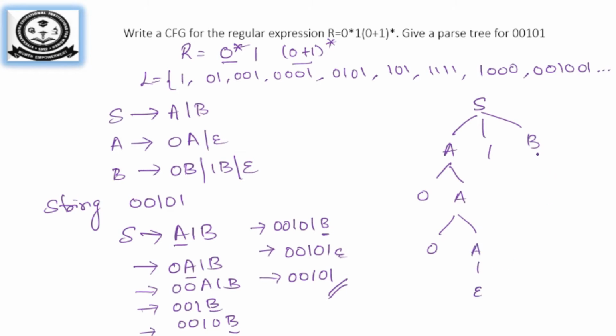Now this B is substituted as 0B first, then it is substituted as 1B, then finally this is epsilon. So you will see the string is 00101. So it is accepted. So this is the parse tree for the given grammar.